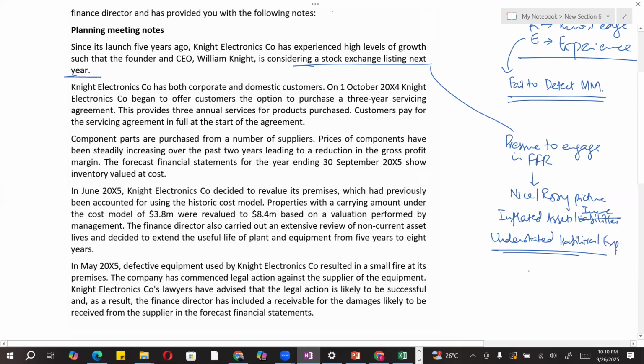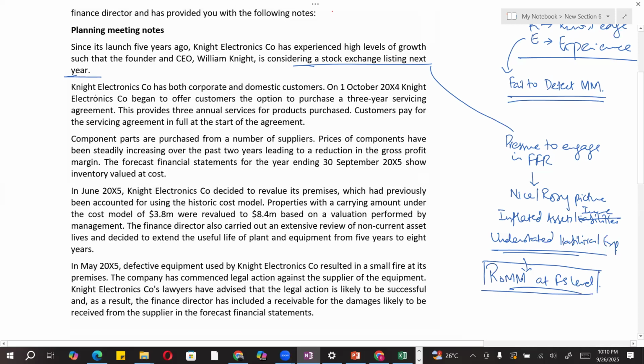So there's a risk of material misstatement. This factor basically gives rise to risk of material misstatement at the financial statement level. There could be material misstatement anywhere in the financial statements. Some of the assets could be overstated, but I cannot say which of the assets could be overstated, which of the incomes could be overstated, which liabilities or expenses could be understated. That is why I'm categorizing this as a ROMM at the financial statement level.